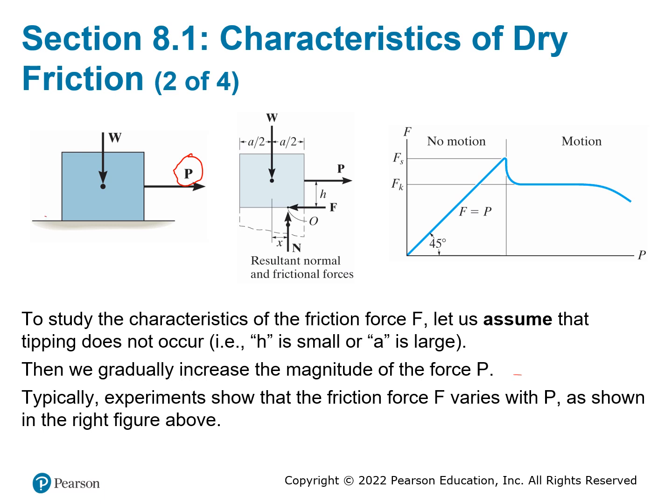Horizontally, there are only two forces: a friction force and the pulling force. So you pull it to the right, slowly increasing.